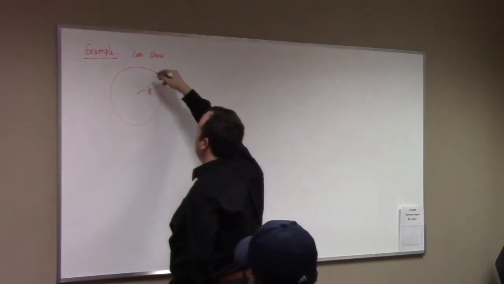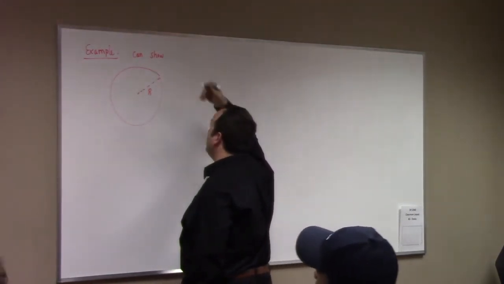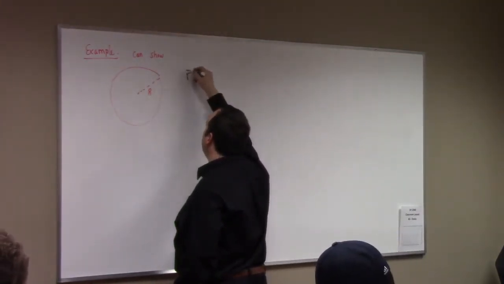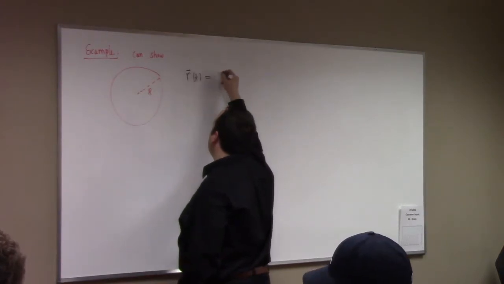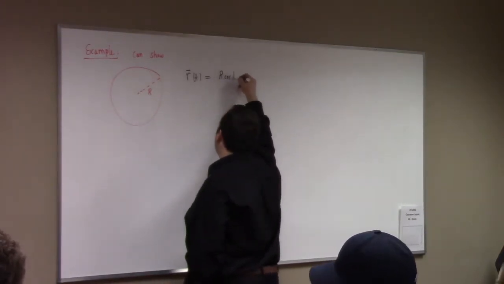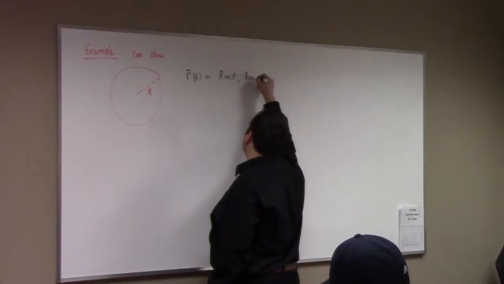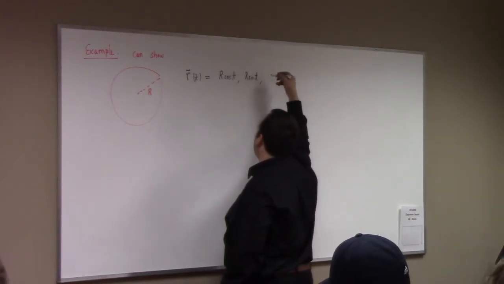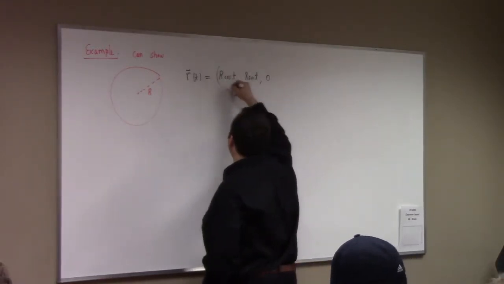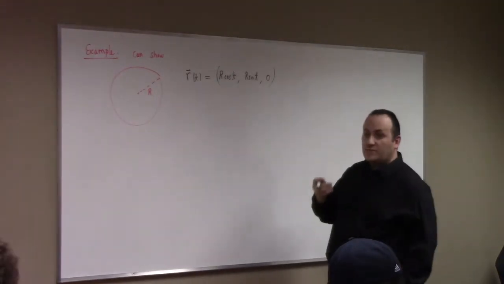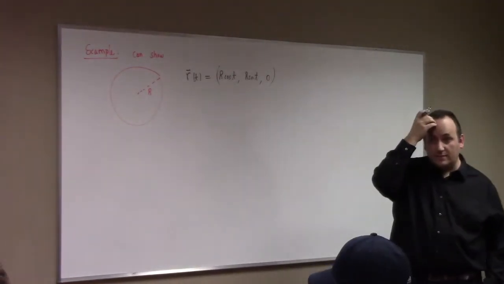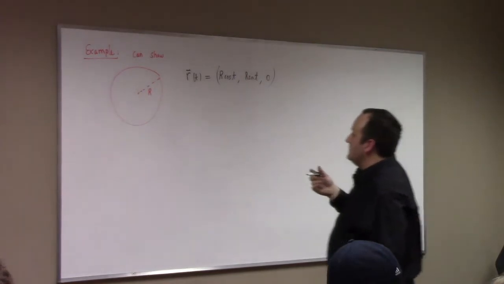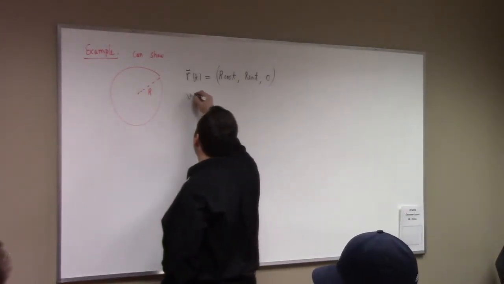Let's see here. What would the parametric equations of the circle be? How about this: r cosine t, r sine t, and we'll put it in the xy plane for convenience. There's a parameterization of a circle of radius r. What's the velocity?